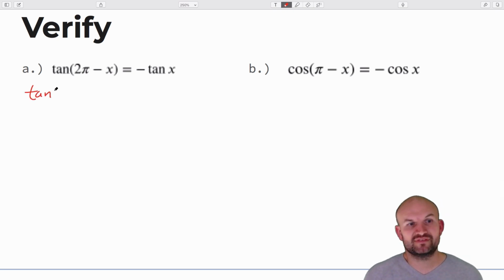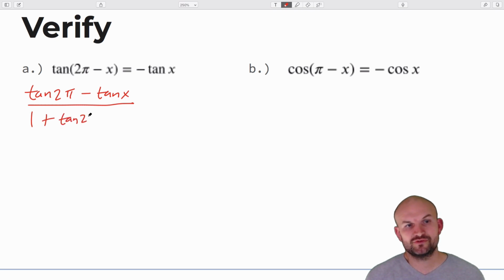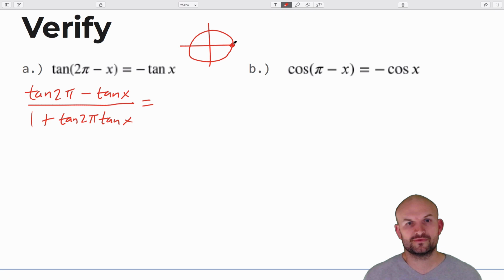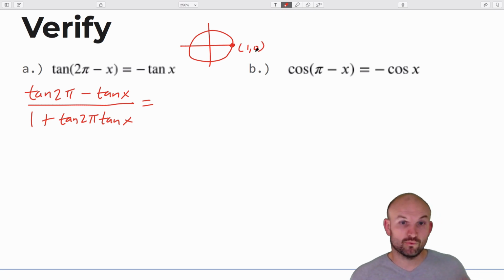So in this case, I have the tangent of 2 pi minus the tangent of x, all over 1 plus the tangent of 2 pi times the tangent of x. Now notice on 2 pi, let's do a quick little circle here. 2 pi is going to be at (1, 0), so y coordinate over x coordinate is going to be 0.